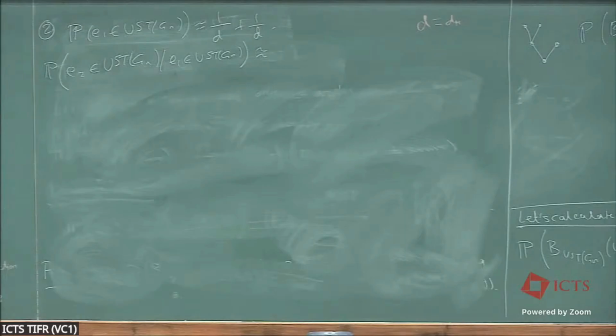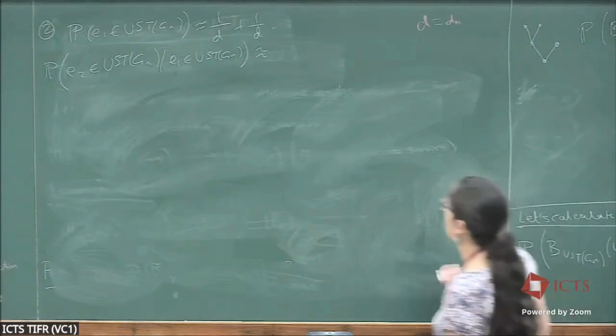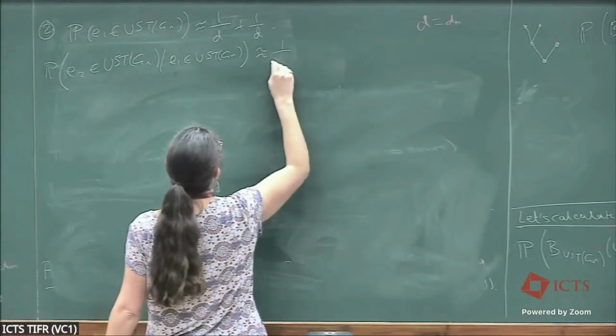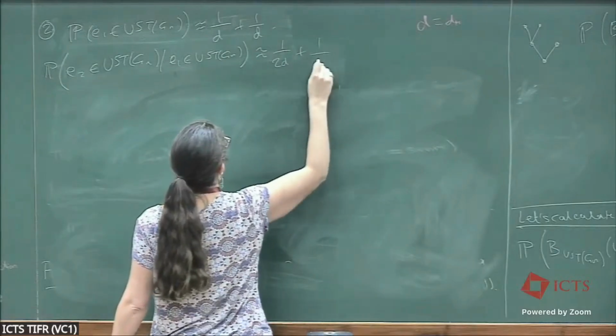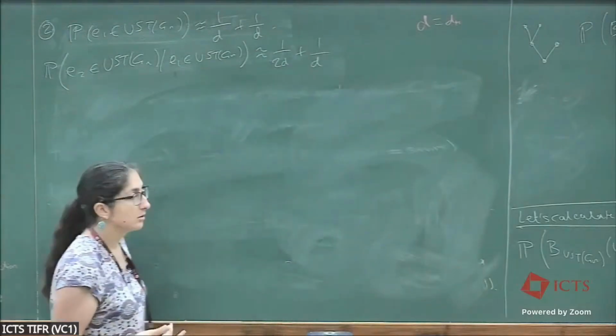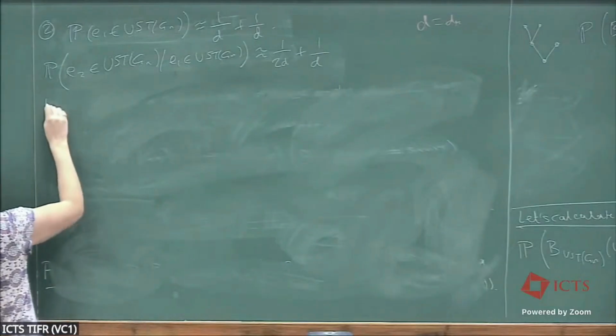When I contract this edge, this creates a super vertex here, and the total degree will be the original degree here plus the original degree here, maybe minus 1 because I lost this edge, but it doesn't matter. Basically, up to a small error, I've just added the degrees of this vertex and this vertex. So it becomes 2d, so I get 1 over 2d plus 1 over d because the other endpoint is unchanged.